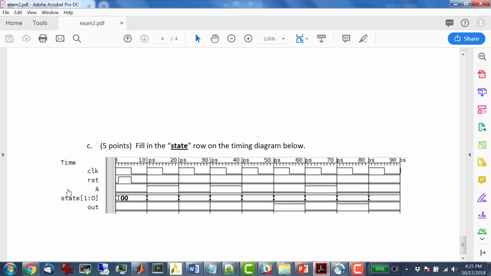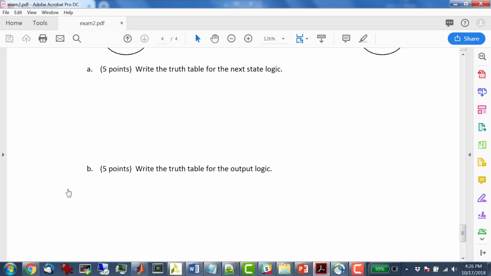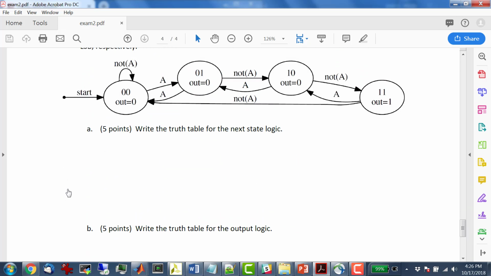either one. So let's assume that we're going to see A as being 0, right? In other words, I get the clock edge. What is A? I know the state is 0, 0. My A is 0. So where do I go? Well, if I'm in 0, 0 and I get a 0, then I loop around, right? I stay in 0, 0.